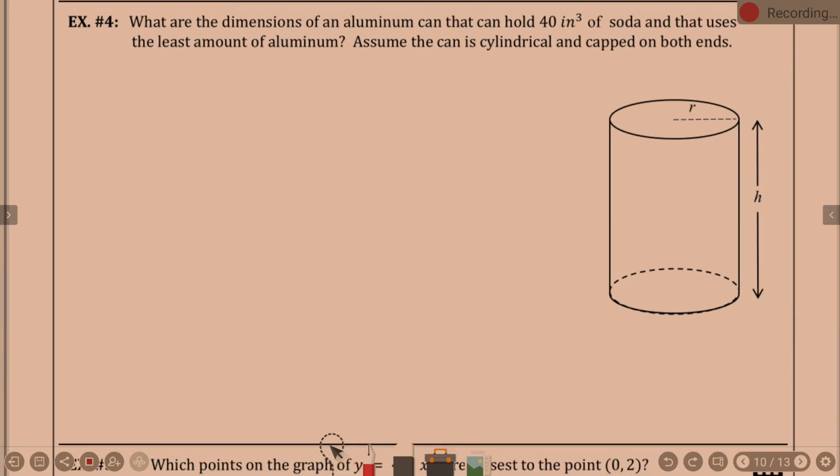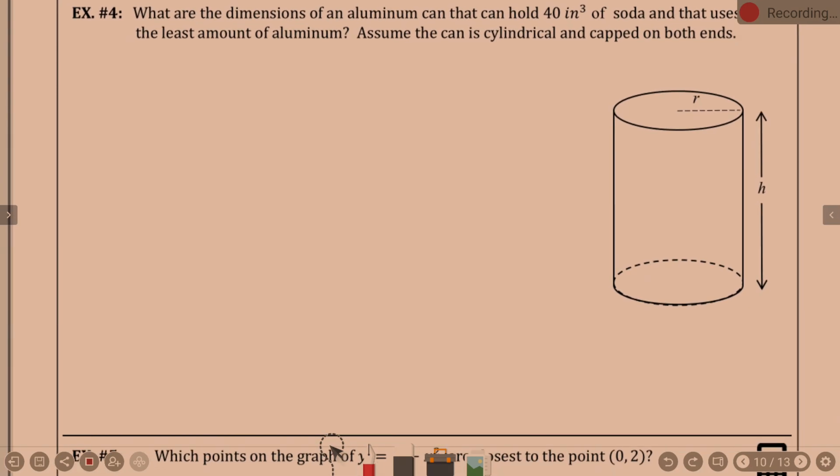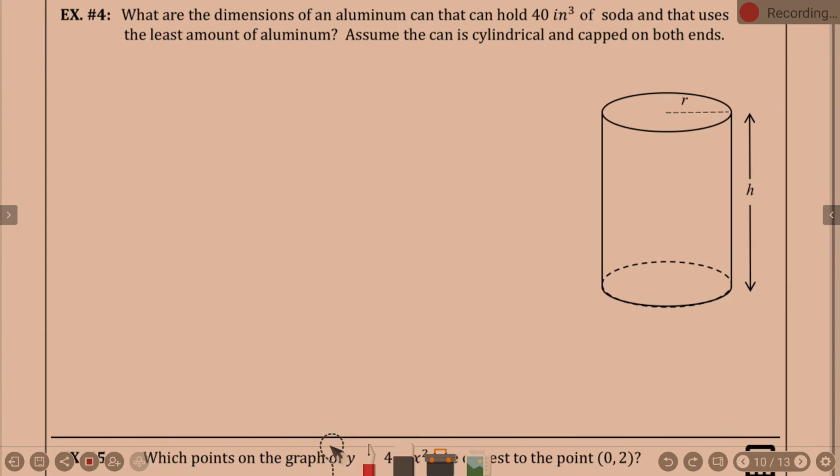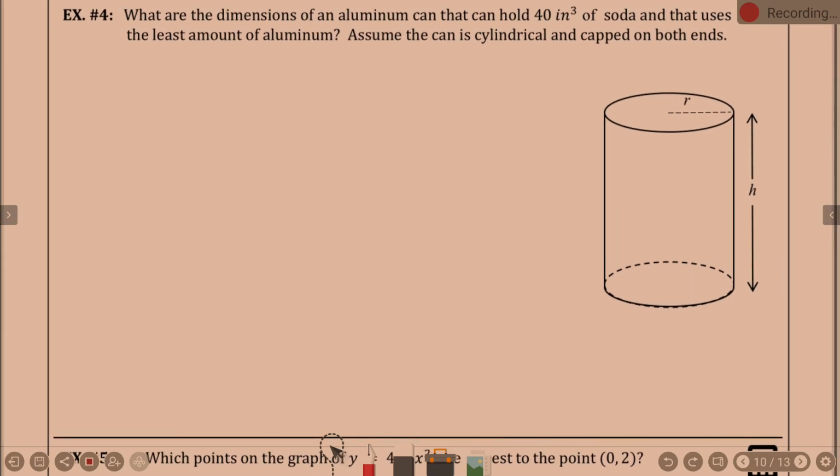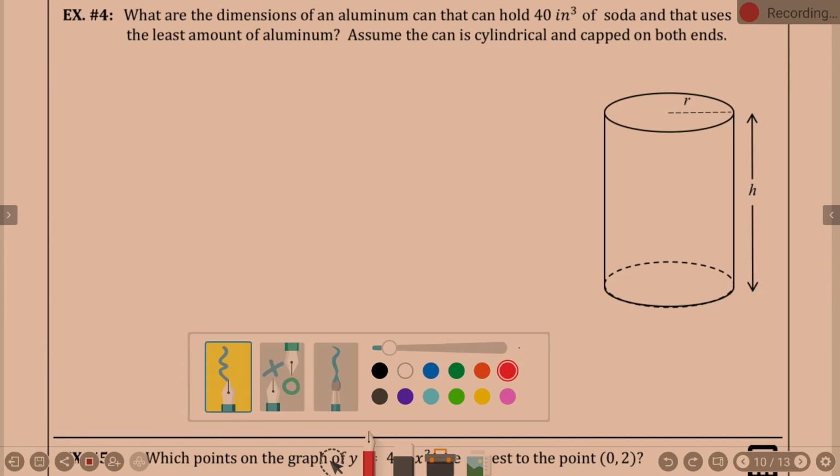What are the dimensions of an aluminum can that uses the least amount of aluminum? Assume the can is cylindrical and capped on both ends. Okay. So we're talking volume. There's two things we're talking here.